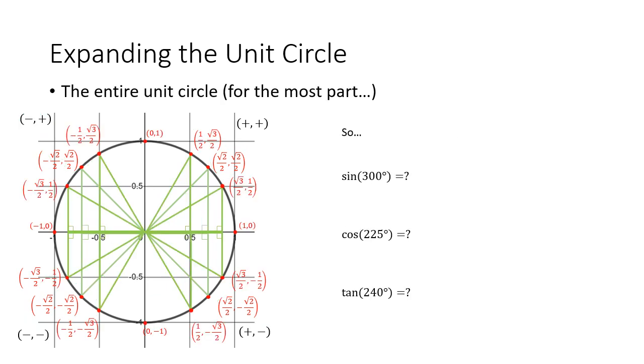So where that leaves us here, and this is a pretty intimidating looking picture, but this is basically the entire unit circle. There are a couple of little things we haven't talked about yet. But for the most part, that's the idea behind the unit circle. These values for sine and cosine just keep repeating themselves over and over again. In that way, sine, cosine, and tangent are all cyclical functions.